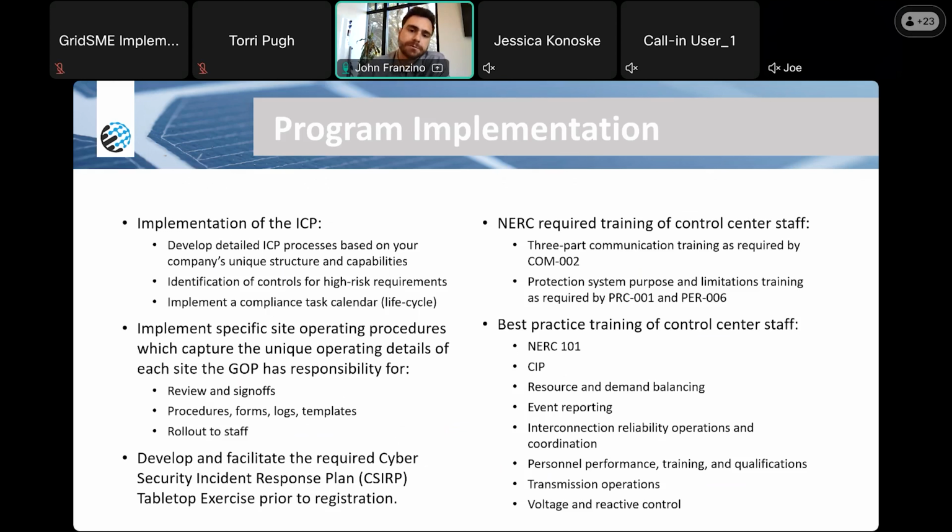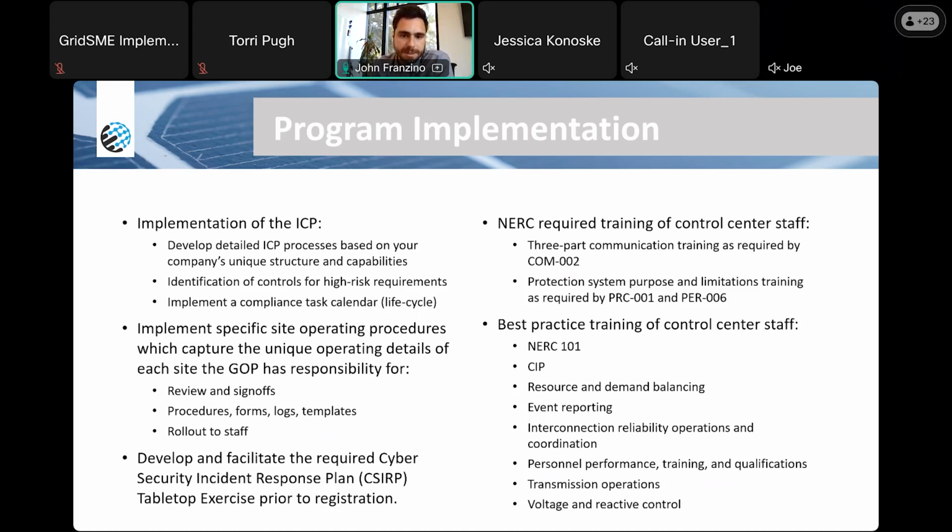And that's a very long-winded way of saying that while you only have to do training to be compliant in a few specific areas for GOPs, there's a lot of best practice training that should go into play, not only to maintain reliability of the bulk electric system, which is the core goal of all of this, but also to best support the generator owner and your customer in ensuring that their facility is available as much as possible and producing as many electrons, aka making as much money as possible.